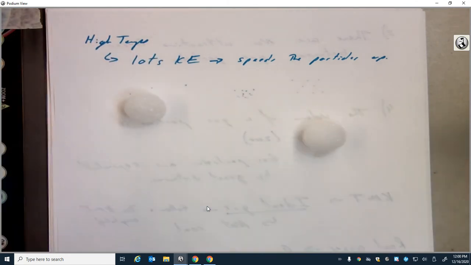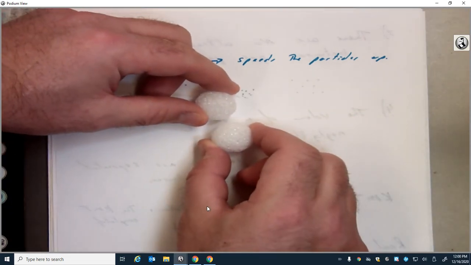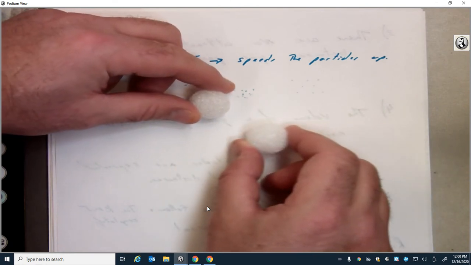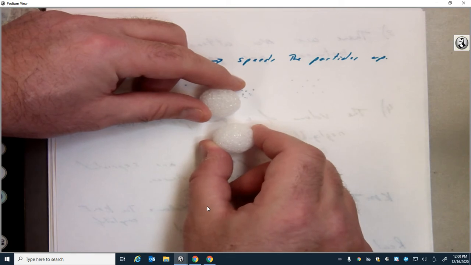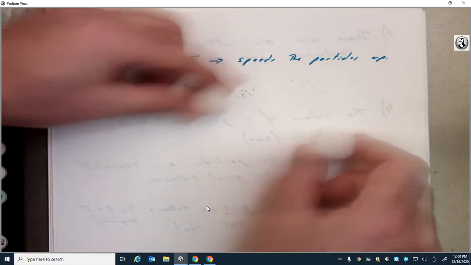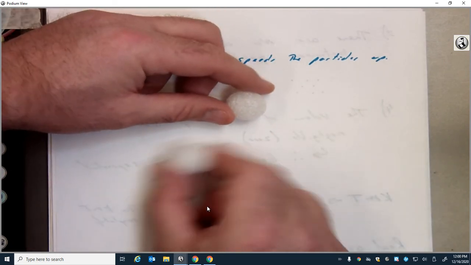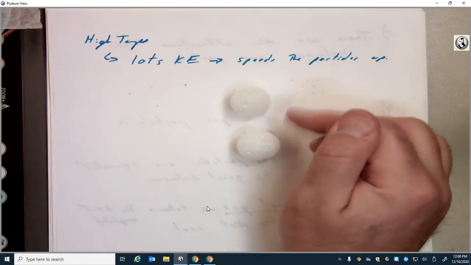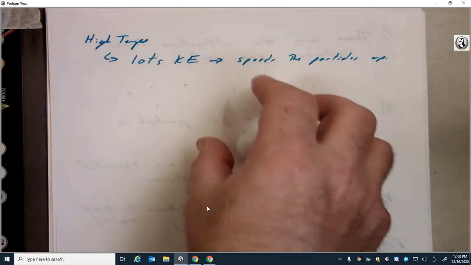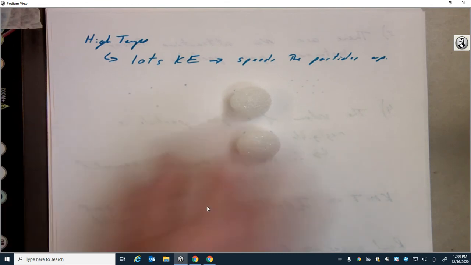Well, if these are going in random constant straight line motion, they're going to come near each other. And when they're near each other, they're going to have an attractive force. If the particles are going slow, that whole time that they're near each other, they're attracting each other. But if we speed those particles up, the amount of time that those particles are near each other is reduced, which reduces the attractive force between those. So if we put these at high temperatures and speed them up, it helps us with some of the problems with the kinetic molecular theory.